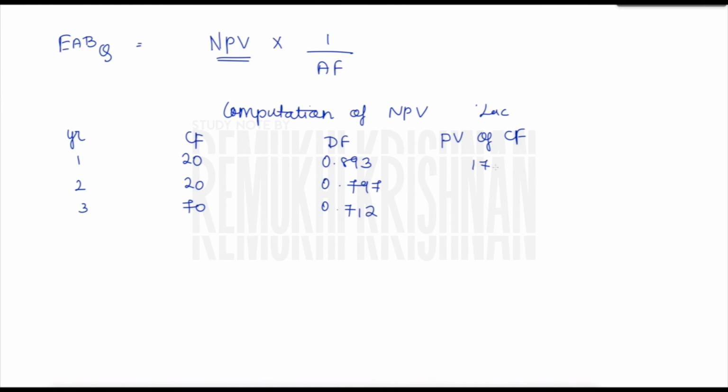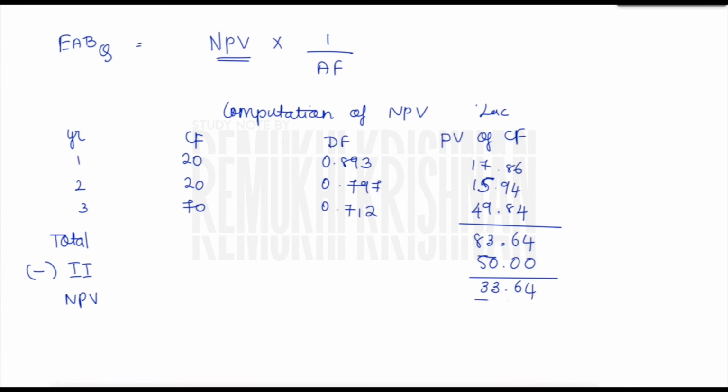The discount factors 0.893, 0.797, 0.712 correspond to 12%. By multiplying my cash flow with the discount factor, I arrive at the present value of cash flows. The total comes to 83.64 minus the initial investment of 50 lakhs, which gives 33 lakhs 64,000.